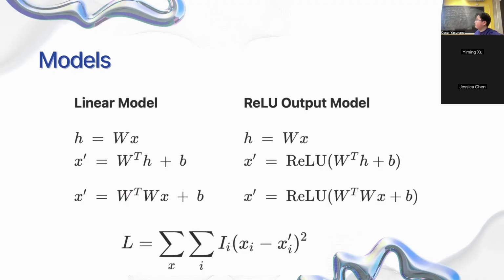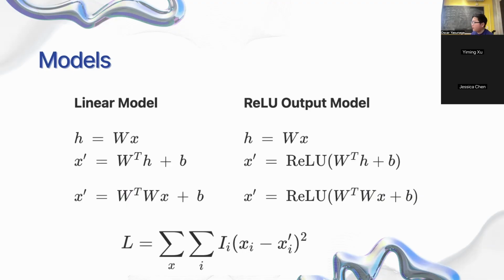The first case is just a linear model with no activation function, and then you have a ReLU with activation functions. This doesn't mean that their analysis of the weights is going to be privileged. This just means that when you update the loss, when you train this model, you have to take into consideration ReLU.